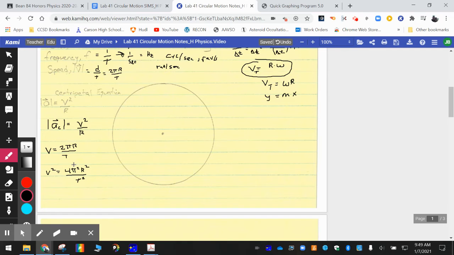If I substitute this into here, does one of the r's cancel out? So good. Centripetal acceleration, if I make that substitution, you can also express it as 4 pi squared r divided by t squared. So if you have period and radius and you want to figure out the centripetal acceleration, you could do it by this. Where this equation comes from is beyond the scope of this class, but suffice to say that's the equation we'll be using.